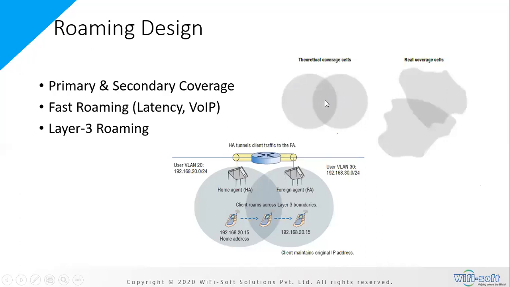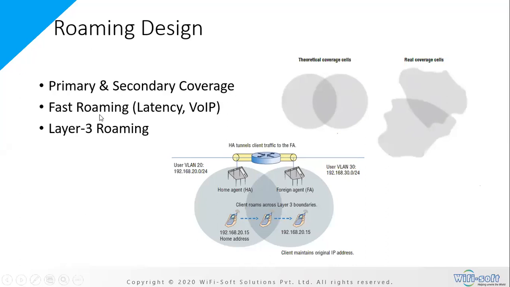This overlapping has to be taken into consideration. If two real coverage signals, not the theoretical ones, don't overlap, then the user is going to get dropped off from one access point and then has to reconnect to the other access point. It will not be seamless.